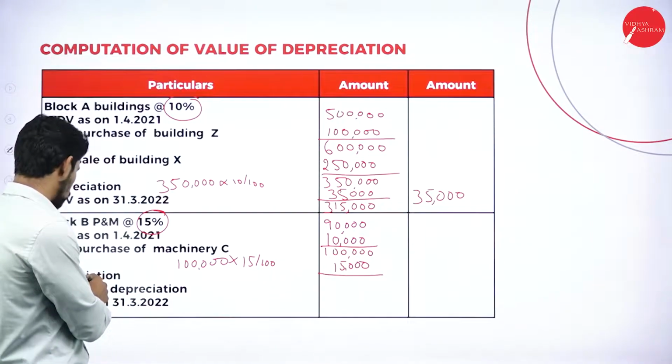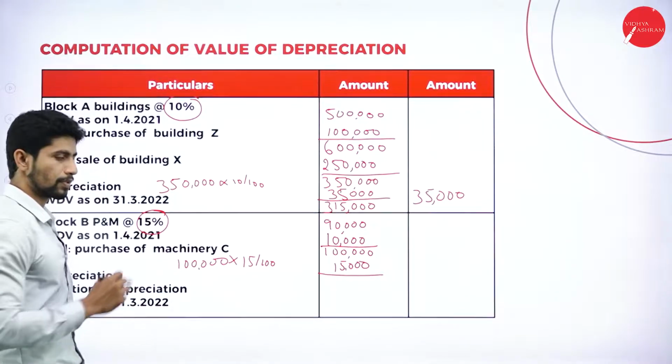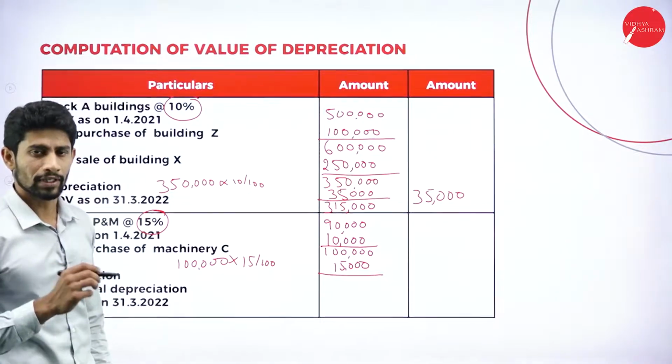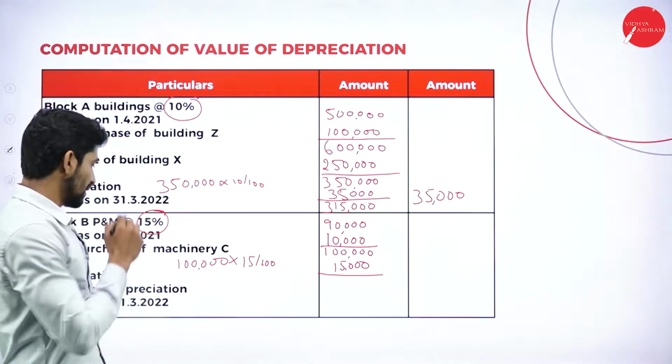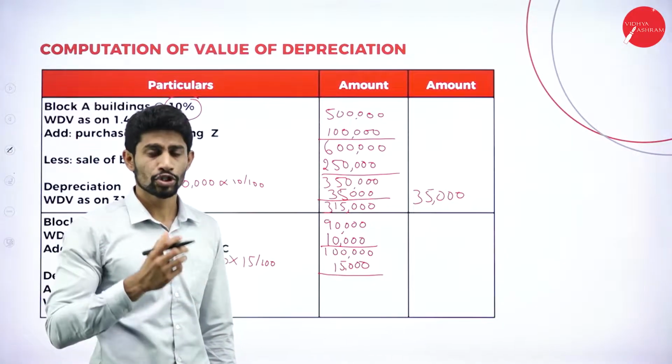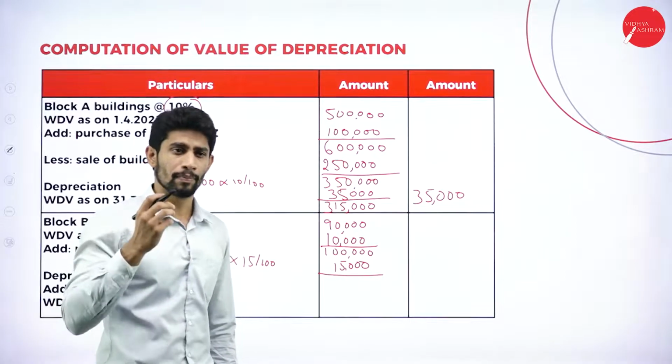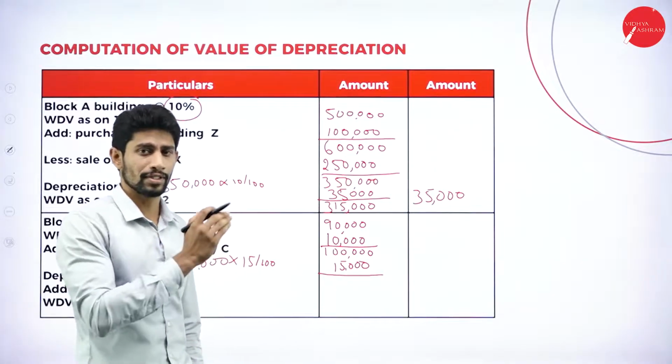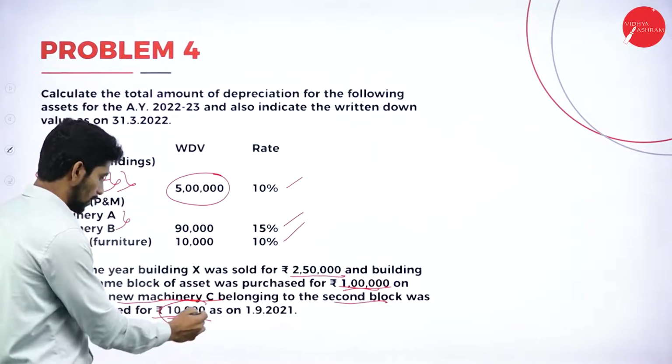Before that, you are also supposed to add the additional depreciation. Yes, with respect to plant and machinery, we are supposed to give the additional depreciation of 20% for the machinery purchased in the previous year, worth rupees 10,000.